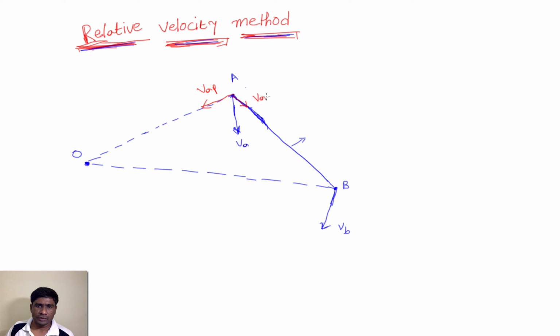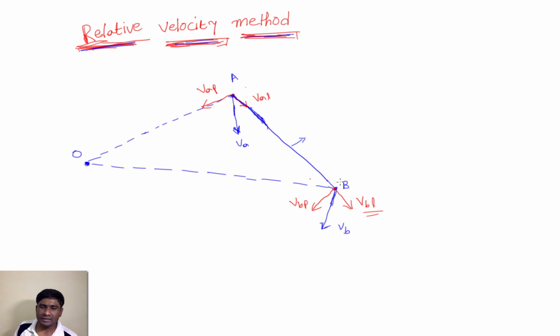So this is VA along the link length, VAL. And again, this is VB, this is the perpendicular to the link, and this would be along the link, VBL.